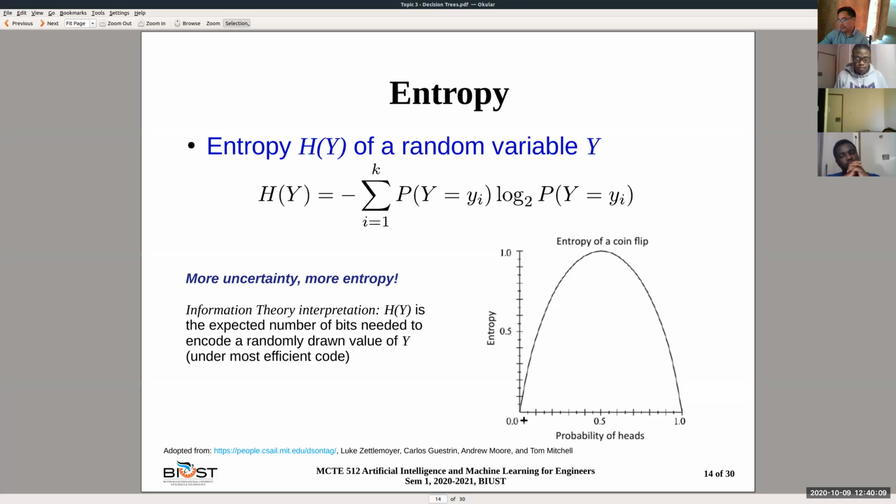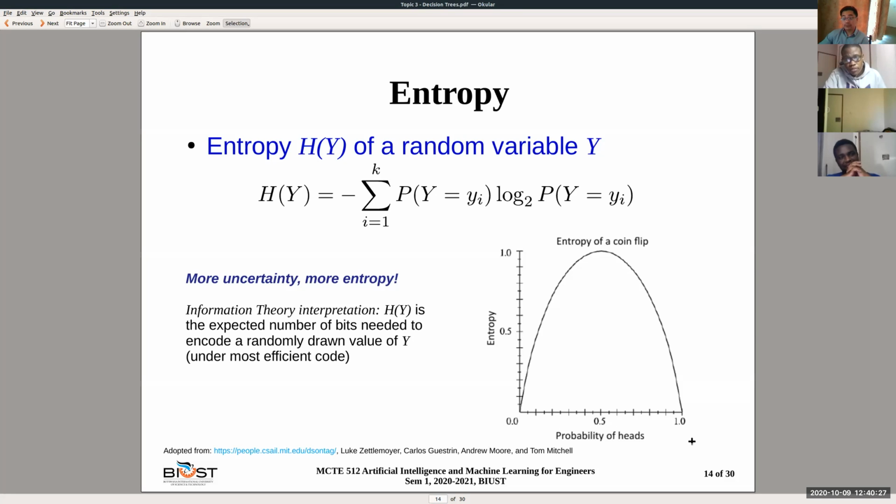If the probability of getting a head is zero, when you're getting a tail, the entropy here is zero. It is definite that if you don't get a head, you get a tail.